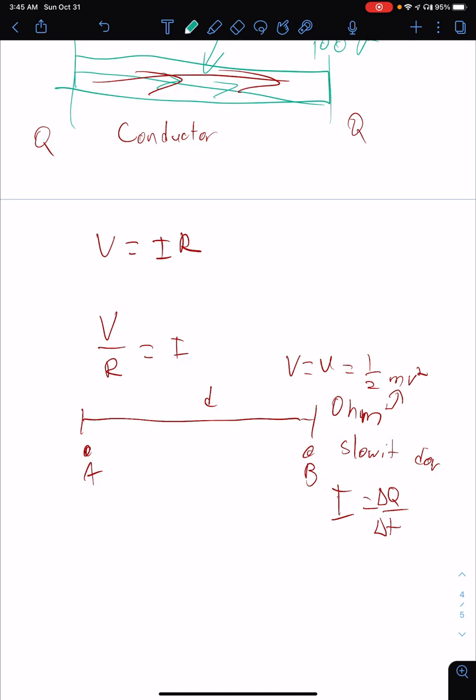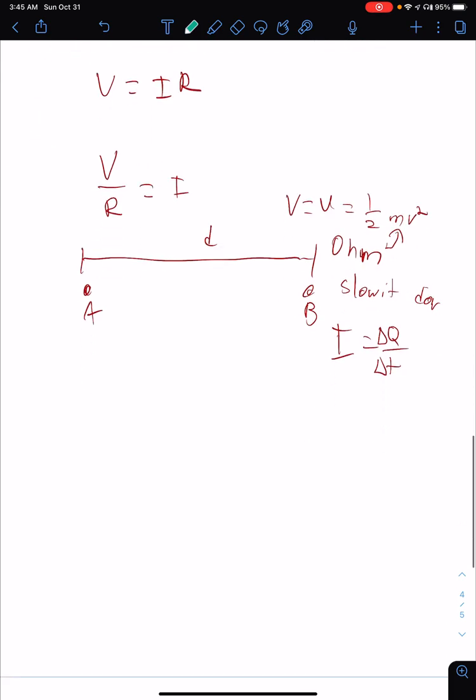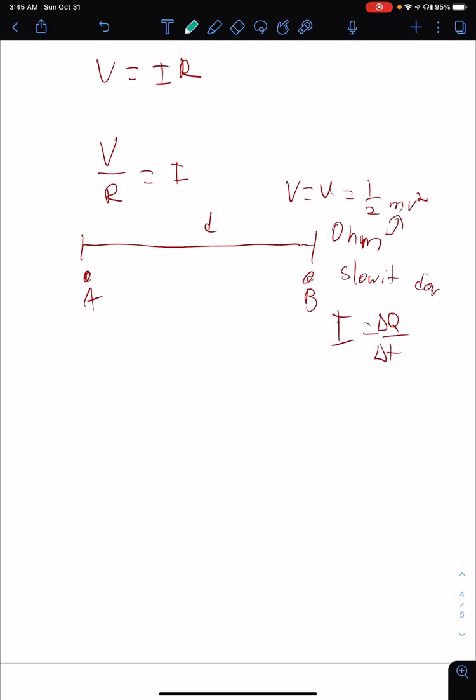Now, let's talk about Ohm's law in other cases, so local forms of Ohm's law. I'm following one of our professor's slides a little bit to help make sure I cover all the topics.